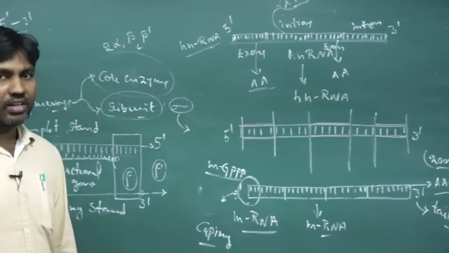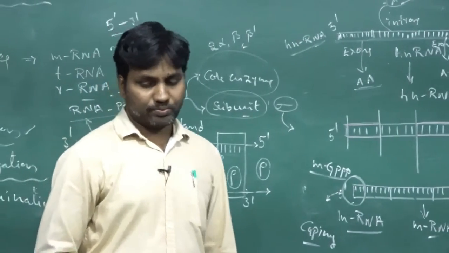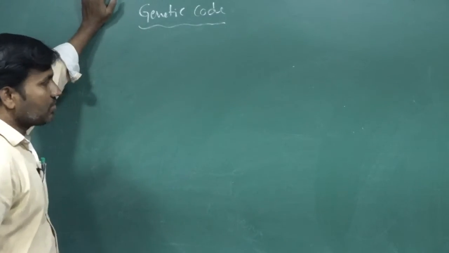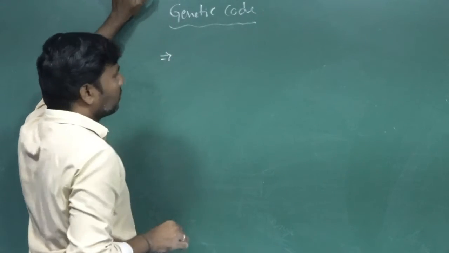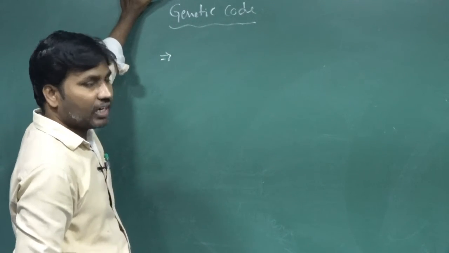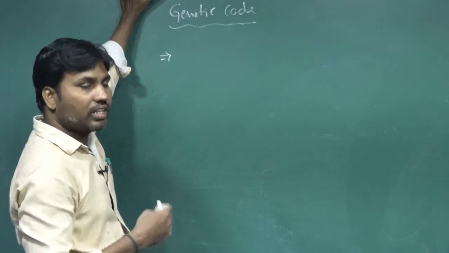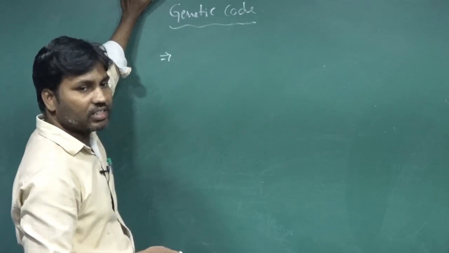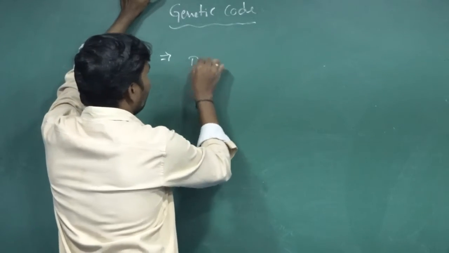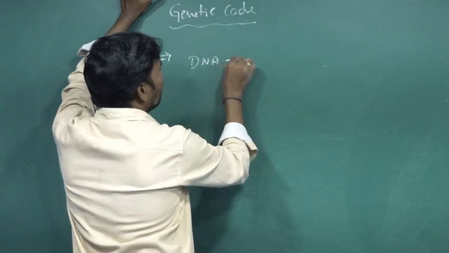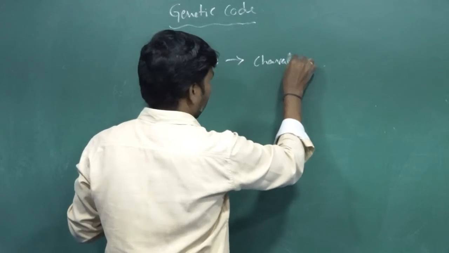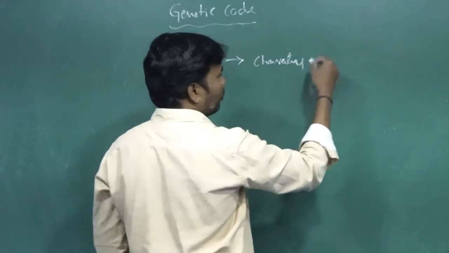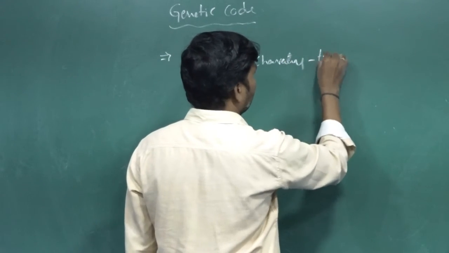Next one is the genetic code. What is meant by the genetic code? And how is it important to protein synthesis and the transfer of characters? We know that DNA transfers characters from one generation to the next generation.